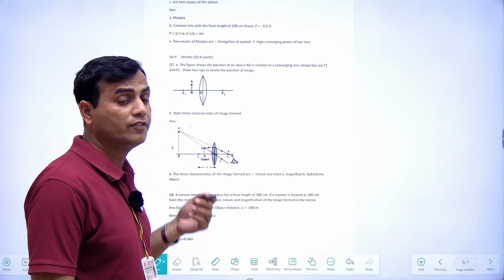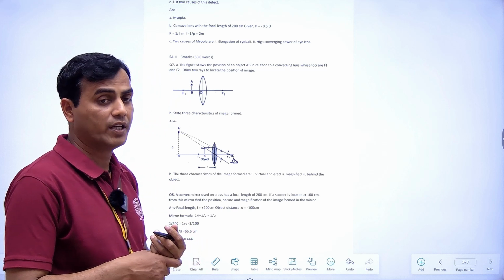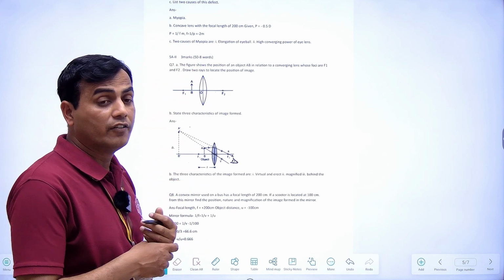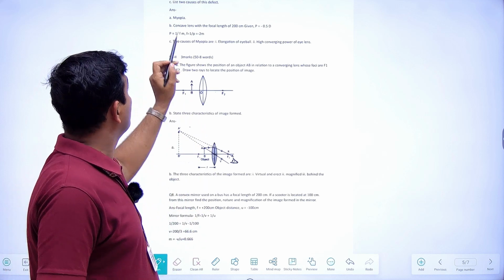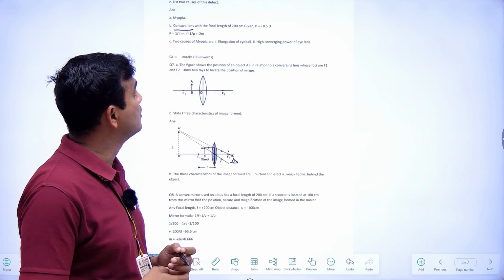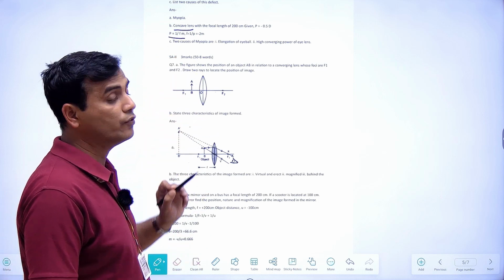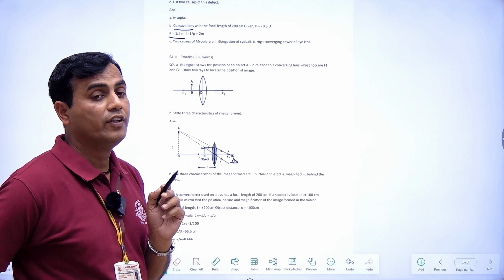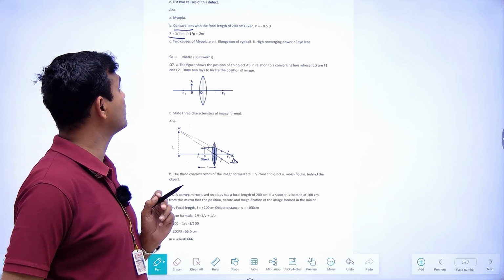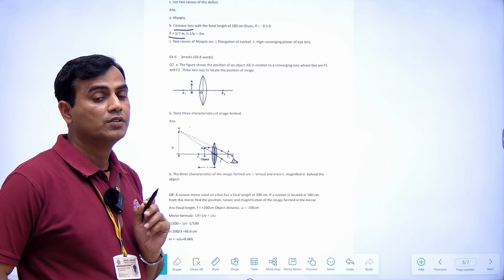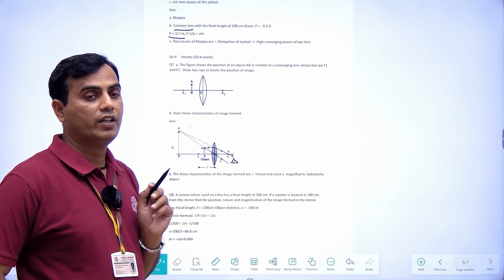The defect is myopia, or short-sightedness, and it is corrected by a concave lens. The focal length is calculated by P = 1/f. Here we have to cross-check that the focal length is in meters, so that we get power in diopters.